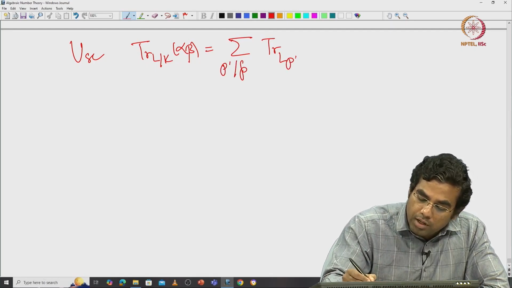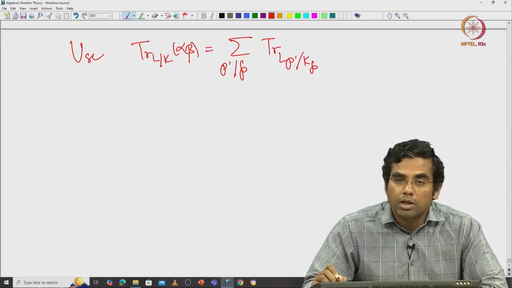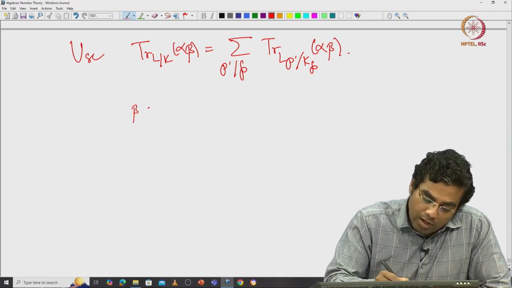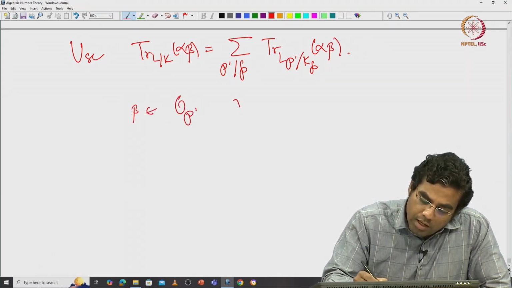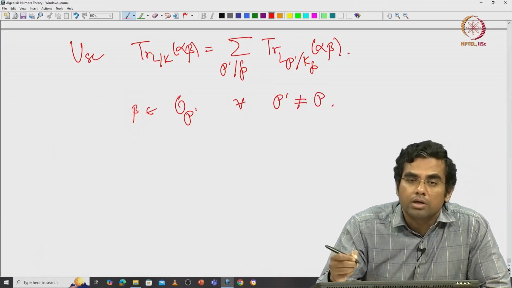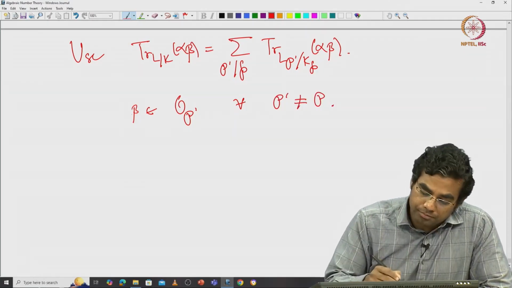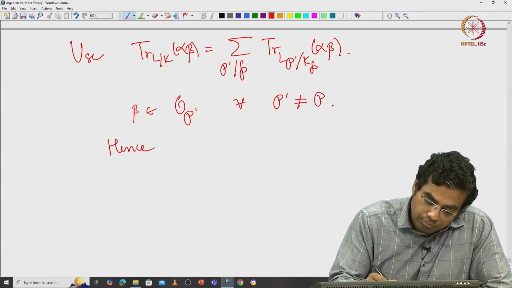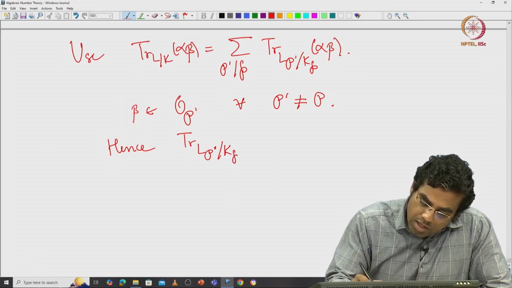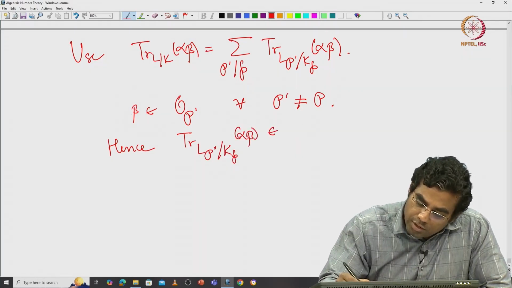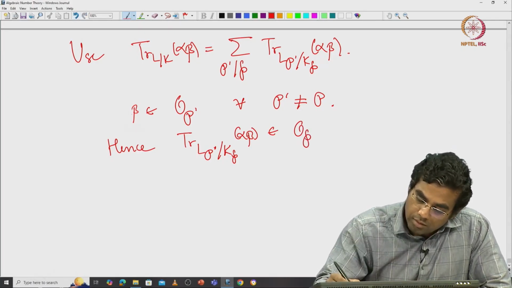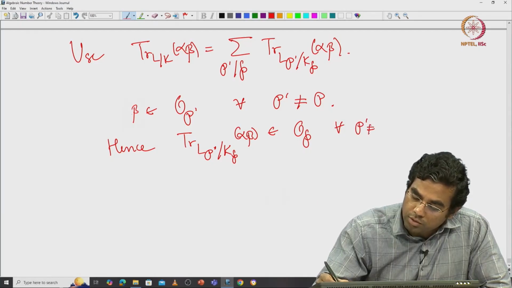We are taking all primes above the small p here. Now, beta belongs to O_{P'} for all P prime not equal to P. P is the fixed prime above small p, right. Hence, trace from L_{P'} to K_p of alpha beta belongs to O_p for all P prime not equal to P.